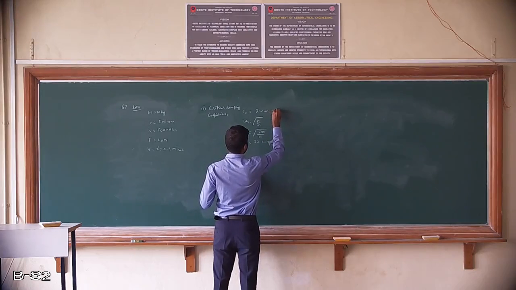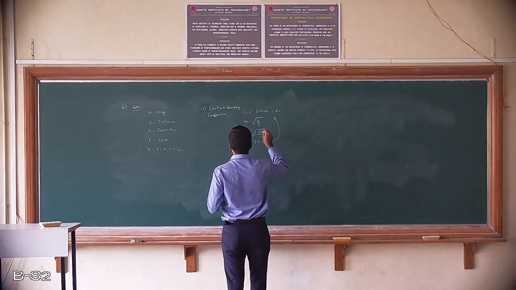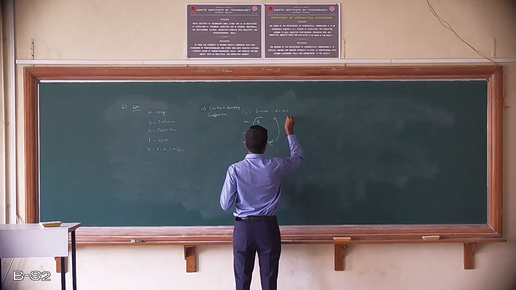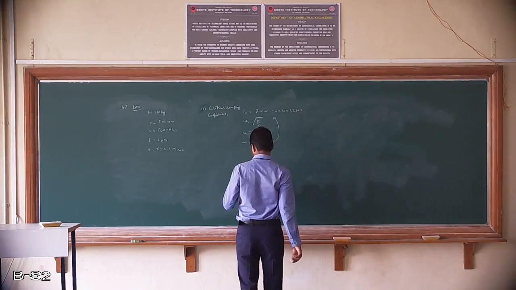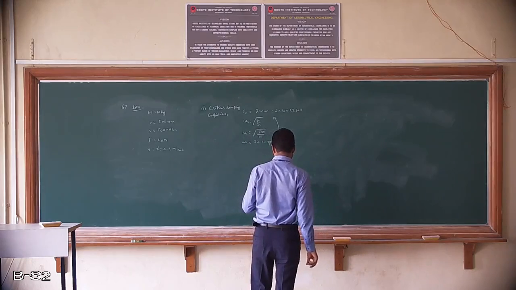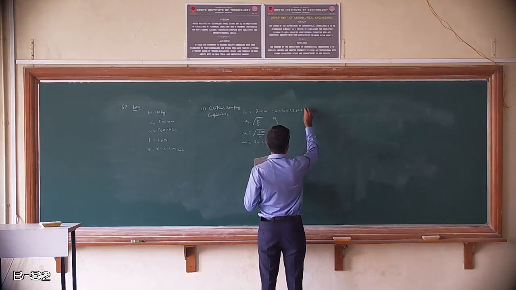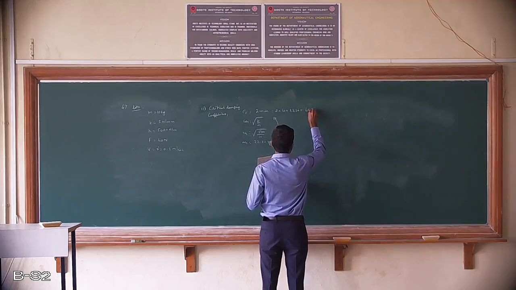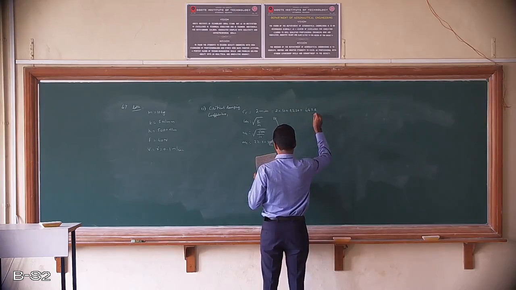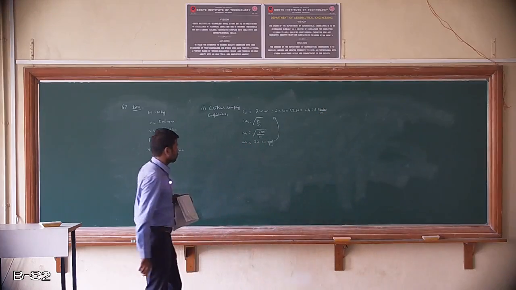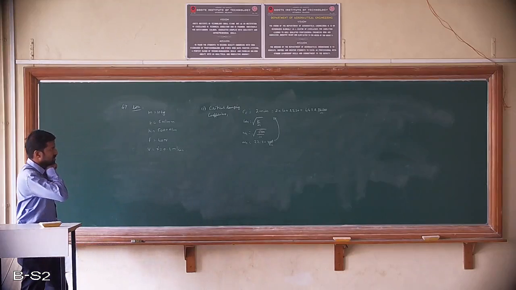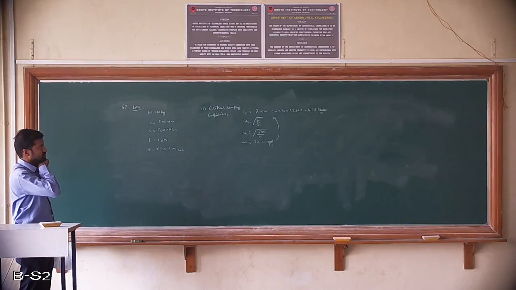So we get 2 into M, that is 10 kg, into omega n we have found out, that is 22.36. The value of critical damping coefficient is found out to be 447.2 and the unit is Newton second per meter. So we have found out the critical damping coefficient.